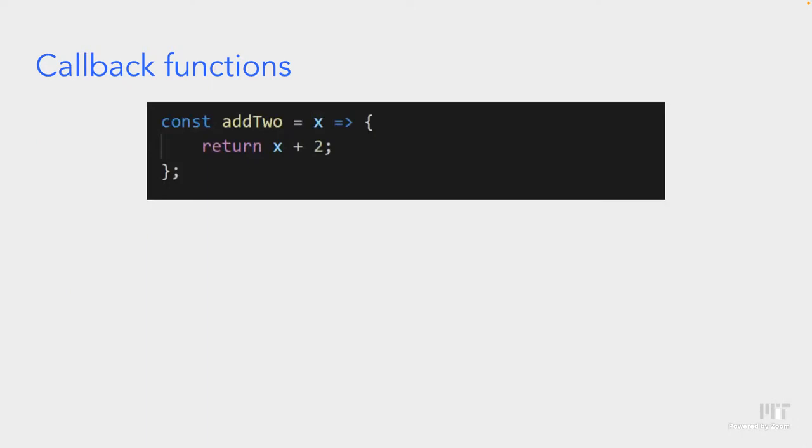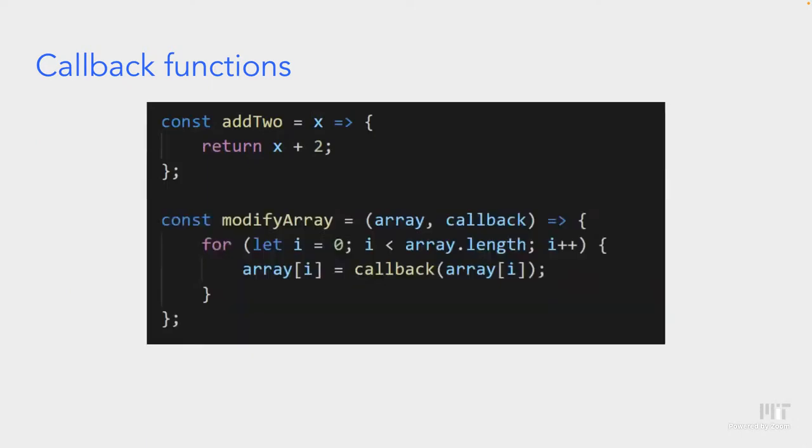And why would we do this? Well, in this example, we have modify array, and what it does is it takes in two parameters, array and callback, callback being your function, and then it goes through the array and calls the function on each element in the array. And add two just adds two to whatever you have.